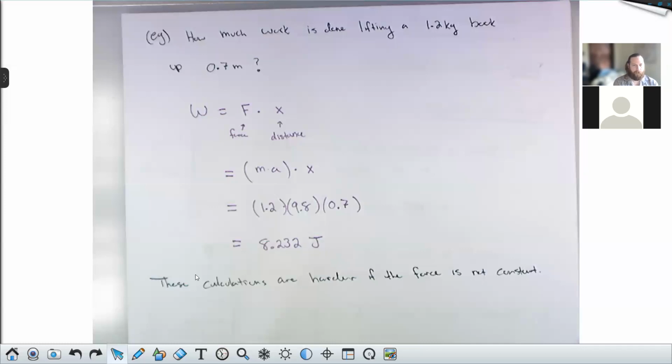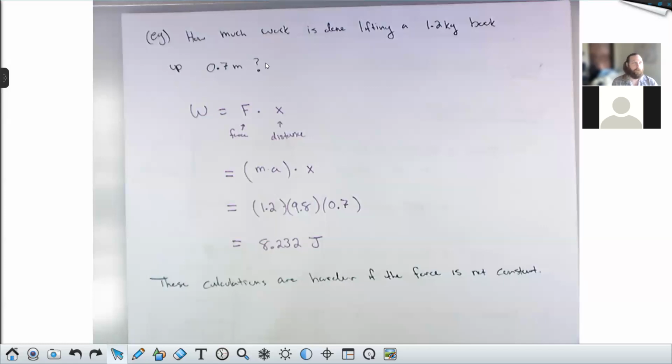All right. So yeah, these calculations get harder if the force is not constant. That's an interesting fact. Gravity we think of as being a constant force, but really it's not, right? You know, from Newton's law of gravitation, that it's proportional to the reciprocal of the square of the distance between the two objects.